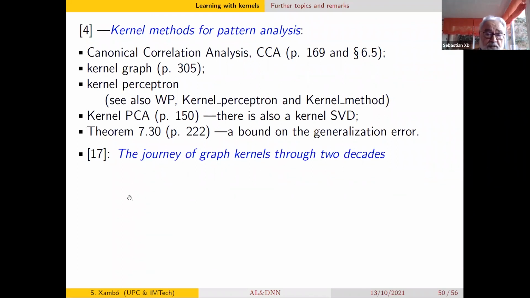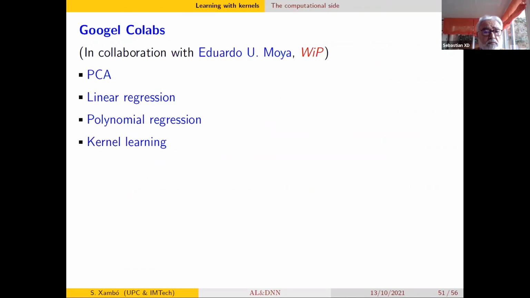And finally, I don't have time today. The computations we are trying to do, I'm going to use the Colab environment of Google. This is something I am doing in collaboration with Eduardo Ulises Moya, who is in Jalisco, Mexico, running the Artificial Intelligence Center there.